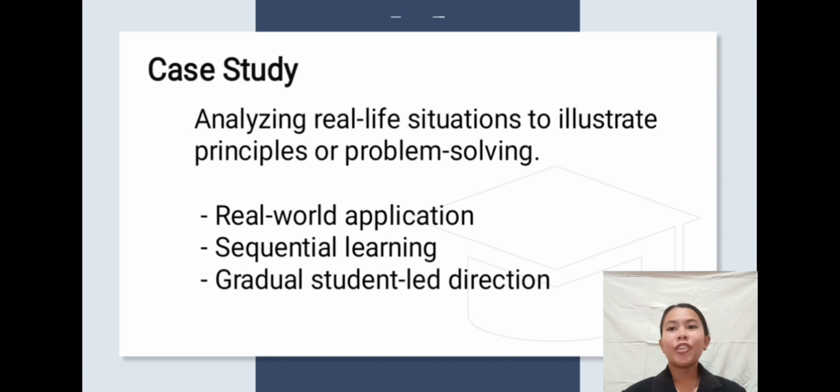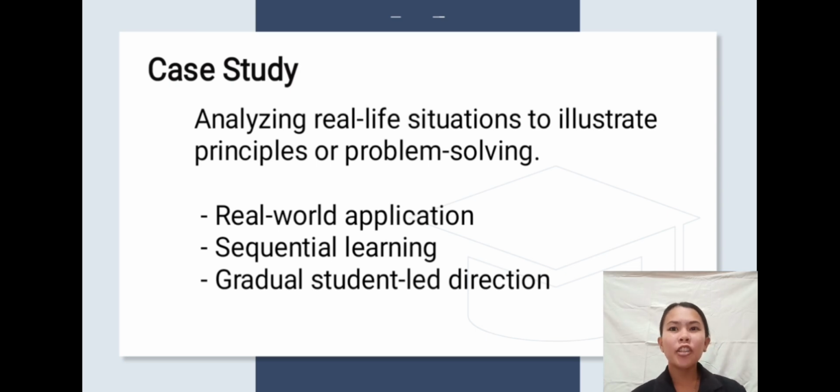So, another strategy is case studies. Analyzing real-life situations to illustrate principles or problem solving. Case studies use real-life examples to teach problem solving and illustrate key principles.